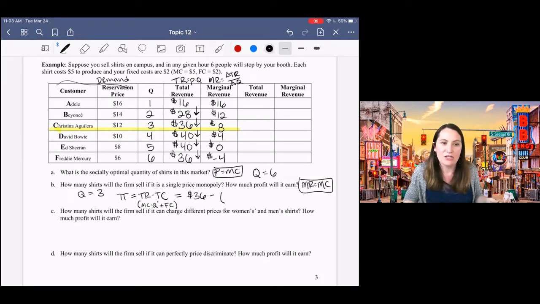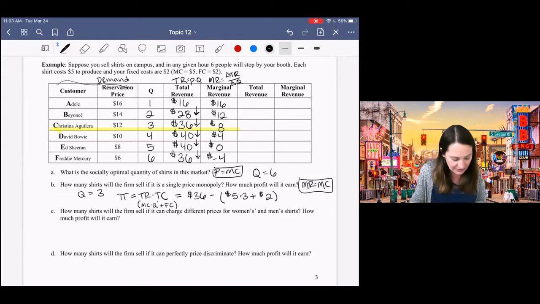Here, t-shirts cost $5 per unit to produce. So my total cost will be $5 times the number of t-shirts plus the fixed cost, that's $2. So we get 36 minus 17, and that'll give me a total profit of $19 for the single price monopoly.